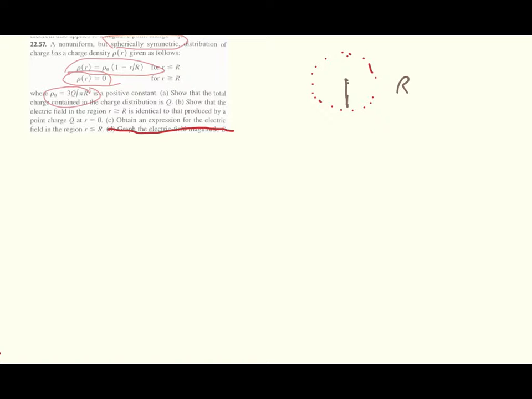We're going to start by adding up all the charge here, and then the next layer, and the next layer, and the next layer. Again, pardon my terrible circles. We're going to add them all together until we find out what the total charge in this thing is.